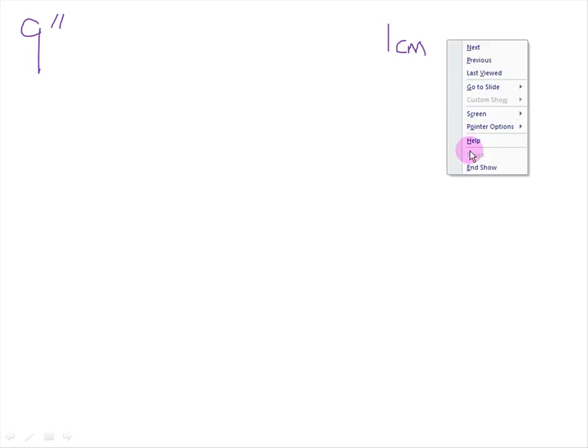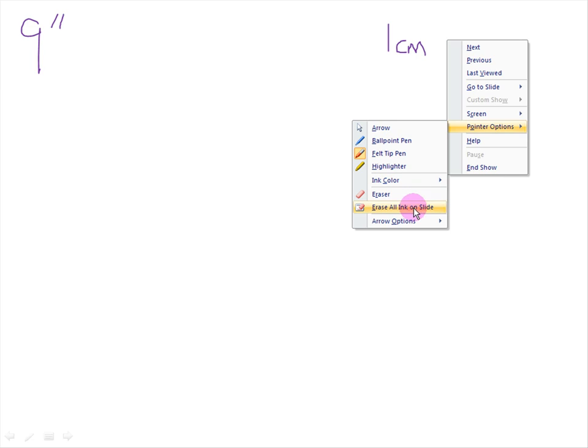9 inches. We want to know how many centimeters. All right, 9 inches into centimeters. Well, it turns out 1 inch is exactly equal to 2.54 centimeters.